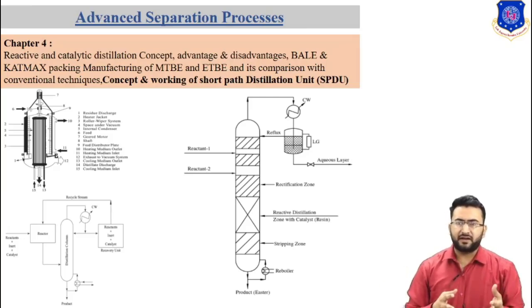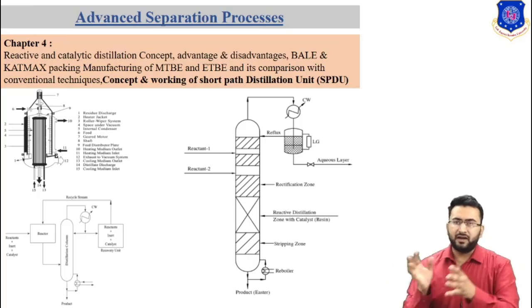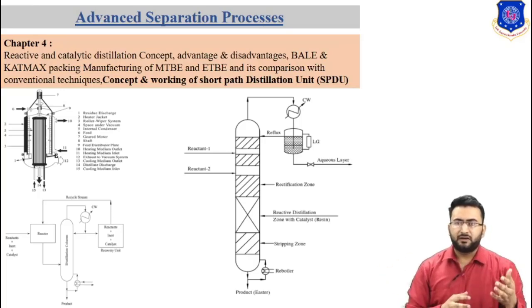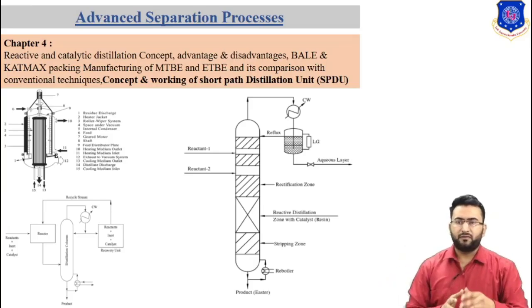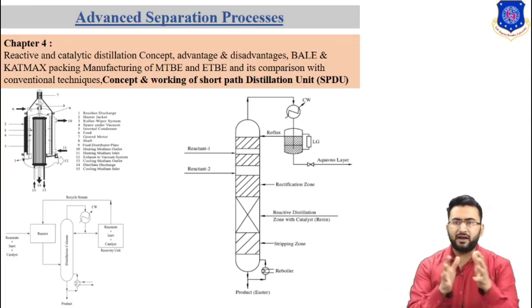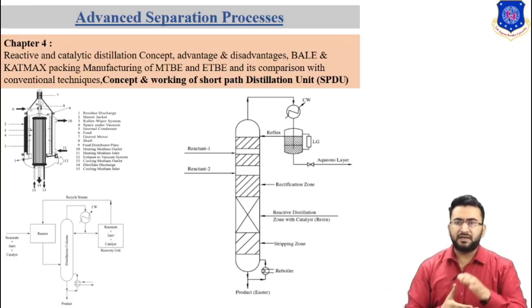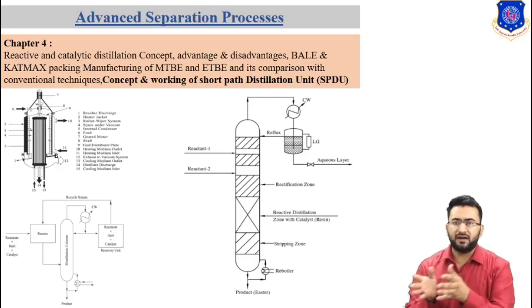In the conventional technique, we require a reactor, and after that we have to separate both components, the unreacted reactant and the product, with distillation. But if we replace this reactor and distillation column with a reactive catalytic distillation column, we require only one column. So this problem is overcome by the reactive catalytic distillation column, in which reaction and separation both occur in one unit.